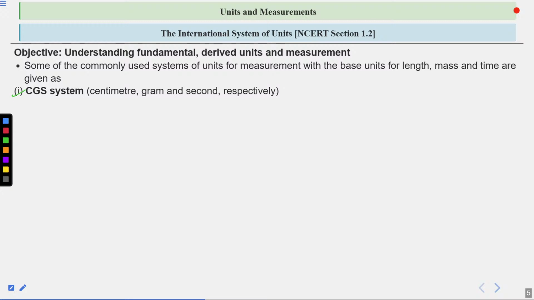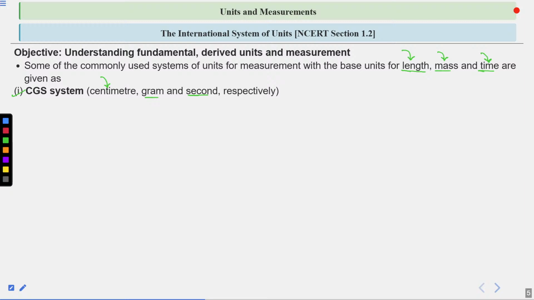First is the CGS system. In the CGS system, three quantities, listen carefully: length, mass and time. Length is measured in centimeter, mass is measured in gram, and time is measured in second respectively.